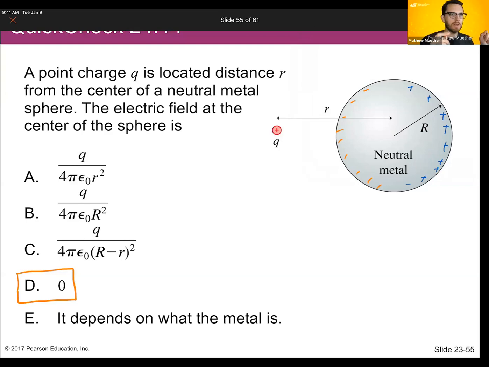But it's all going to live right on the surface of the conductor. And that means if I pick a Gaussian surface in here, the enclosed charge is going to be equal to 0, so there can't be any flux through that object, and so there can't be any field inside of that conductor.